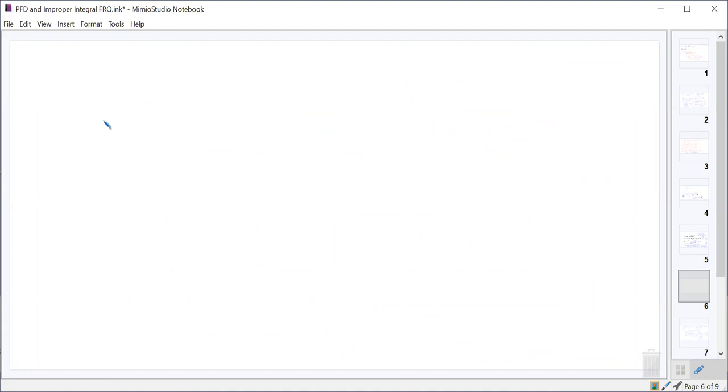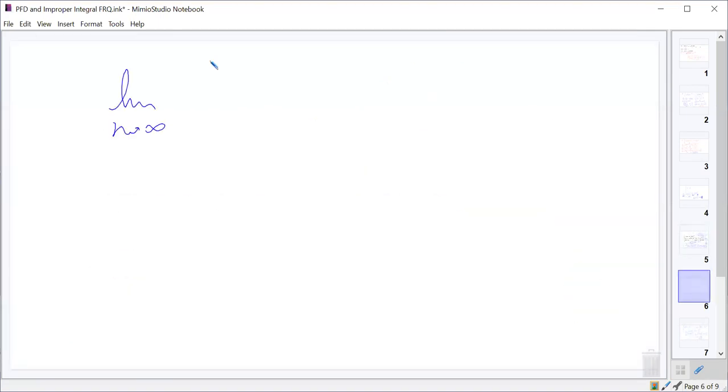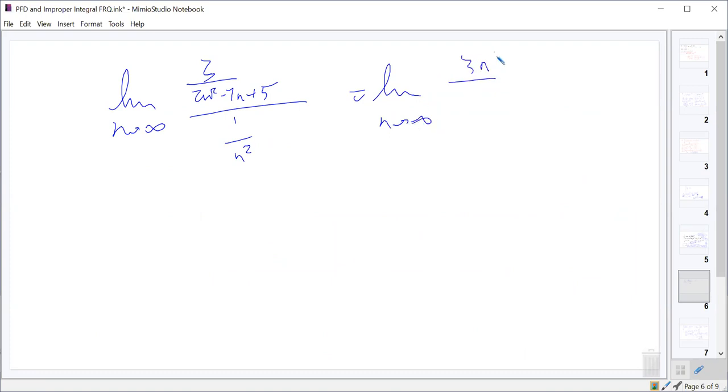But you could use the limit comparison test by looking for the limit as n approaches infinity of 3 over 2n squared minus 7n plus 5, over 1 over n squared. That becomes the limit as n approaches infinity of 3n squared over 2n squared minus 7n plus 5, which is 3 halves.